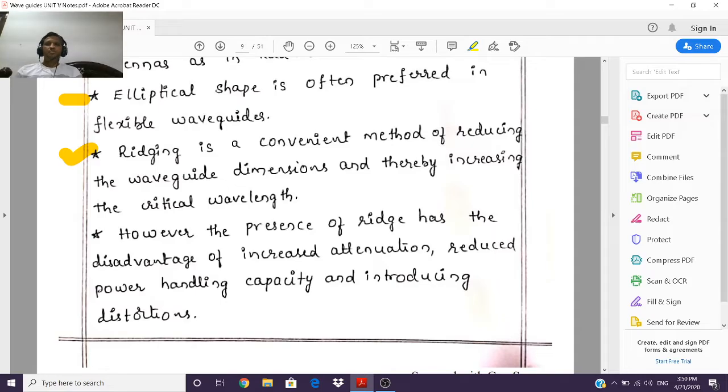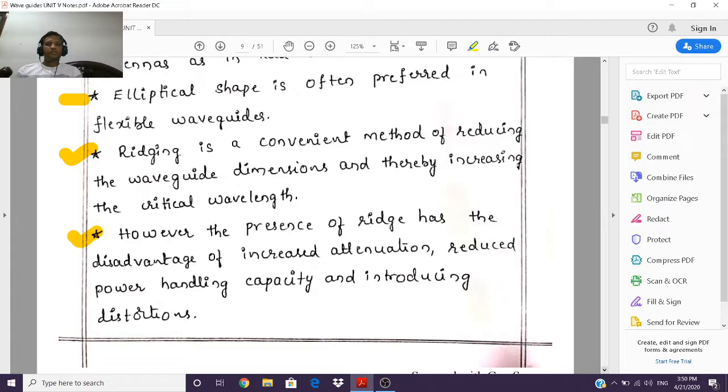Okay, I'll tell you about critical wavelength, which will be obtained from critical frequency. What is the relation and all we will be studying in the future classes. However, the presence of ridge has the disadvantage of increased attenuation and reduced power handling capacity. So because of the reduced power handling capacity and increased attenuation, we generally don't prefer these ridge waveguides.